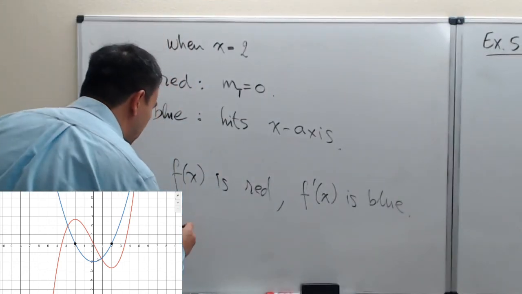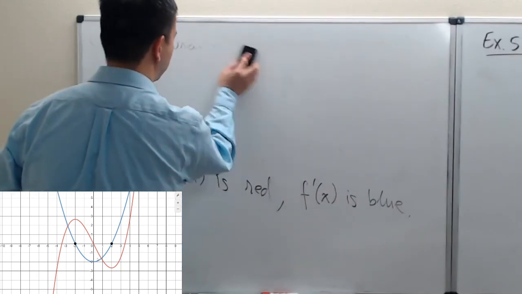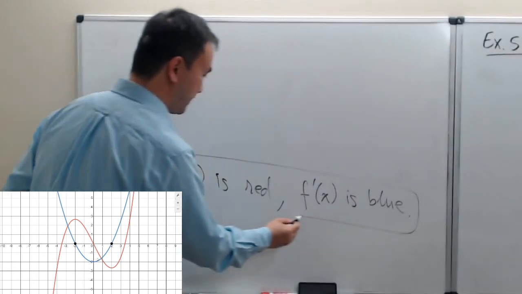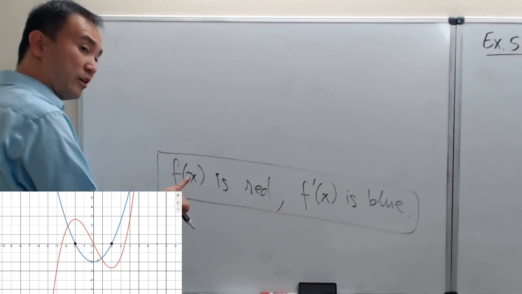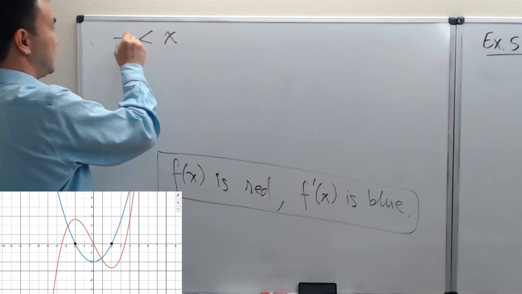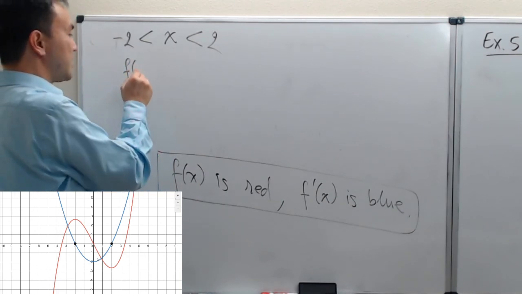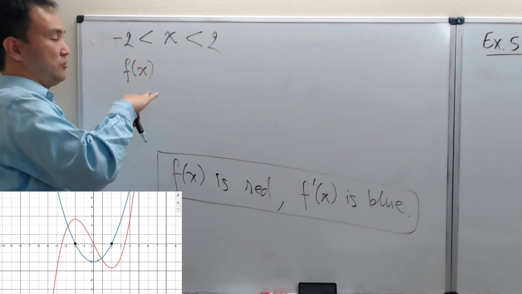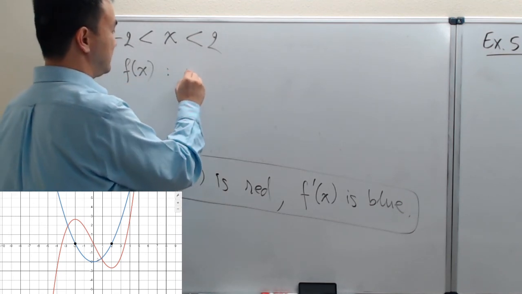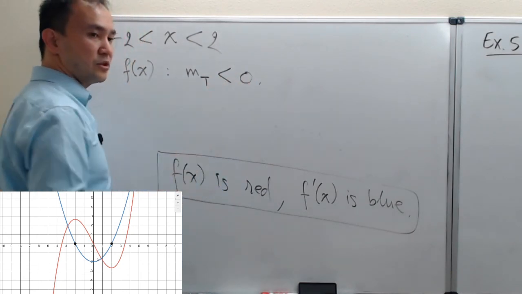So let me write it this way. Inside of that interval, this is just kind of our guess so far, and we want to confirm it. So we confirm by looking at that interval between -2 and 2. It looks like red, now believed to be the f of x, has a negative slope.